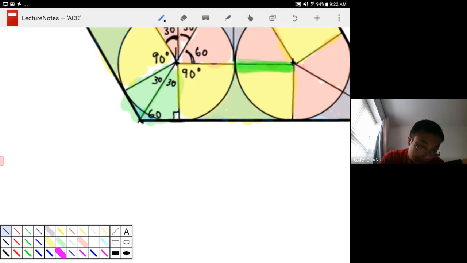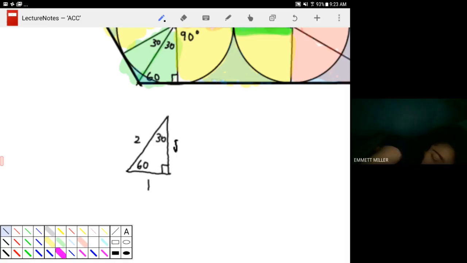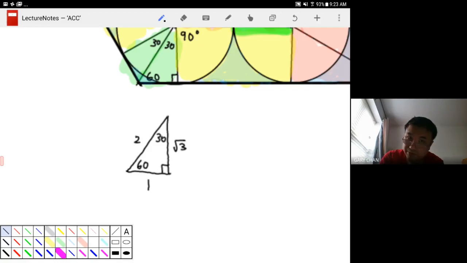All right. So with that said, this is something that you guys had studied maybe 3 to 4 weeks ago. We're dealing with a 30, 60, 90 triangle. And this was one of those special right triangles. Do you guys remember that? These special right triangles will always share a ratio, those corresponding ratios.